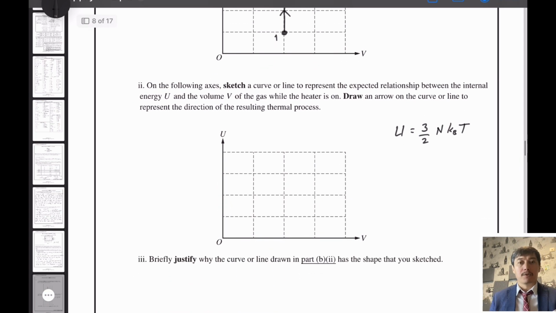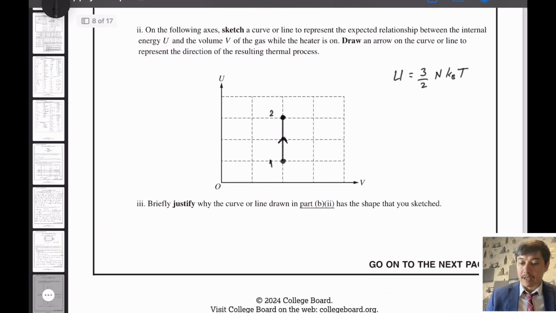But again, because it was a rigid container, the volume stayed the same. So let's say at the beginning our state was here, the beginning state, let's indicate it with 1, and as the temperature increased, the internal energy increased. So it reached, let's say, this point, state 2. It went from state 1 to state 2. The arrow is representing that.